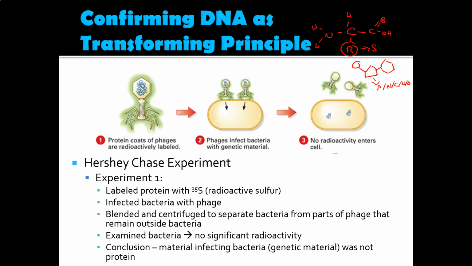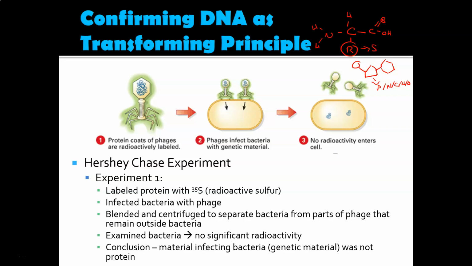When you do centrifugation, you stick a test tube into a centrifuge that spins it really, really fast. Everything separates out by density. All the heavy stuff, like the bacteria and the cell components, is going to sit down at the bottom. All of the viral parts that aren't directly connected to the bacterial cell itself will float to the top. So when they looked at the centrifuged test tube, they looked for where the radioactive material was.